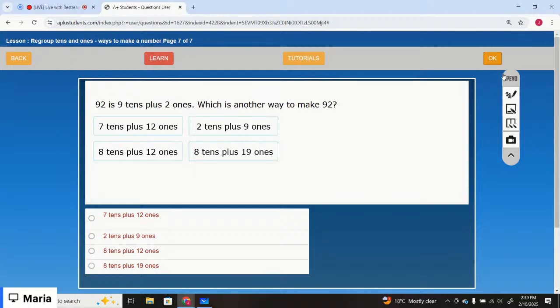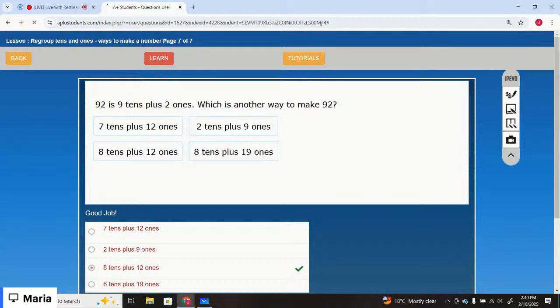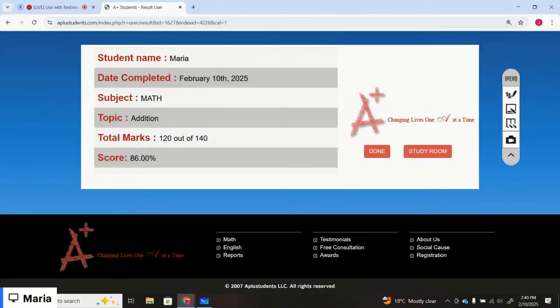So the correct option is 8 tens plus 12 ones. We are done with the lesson.